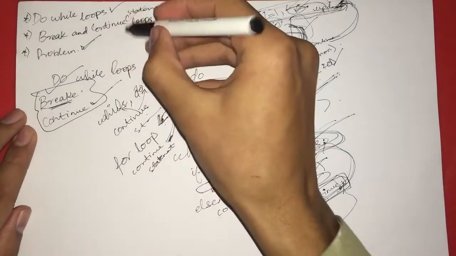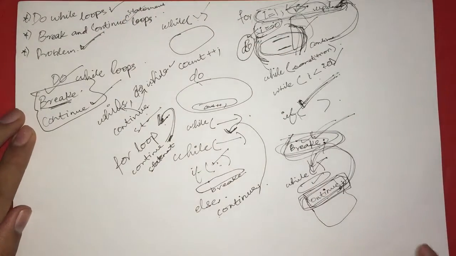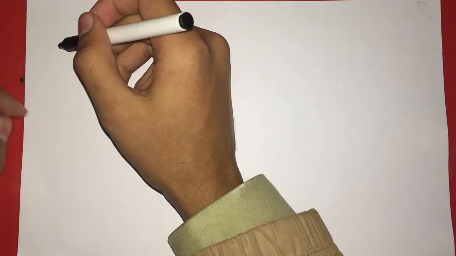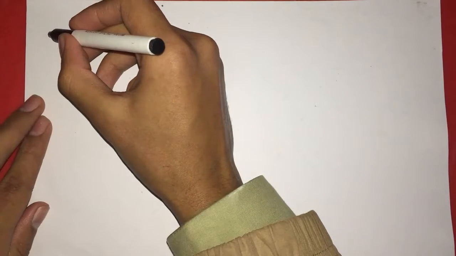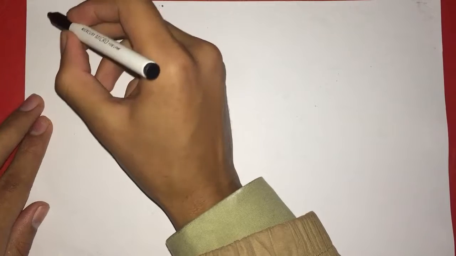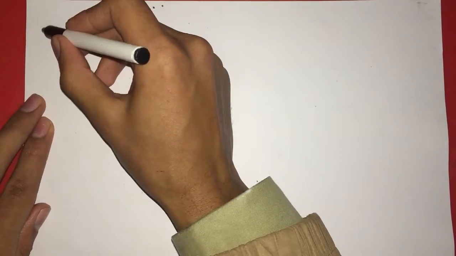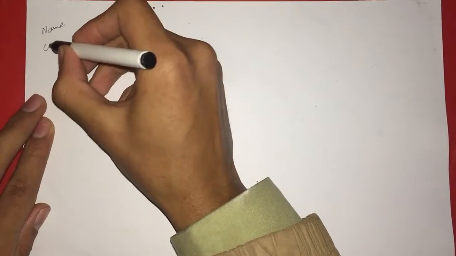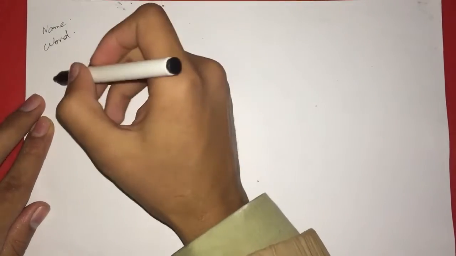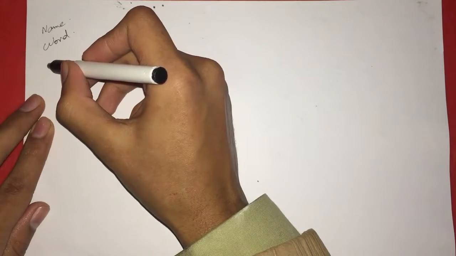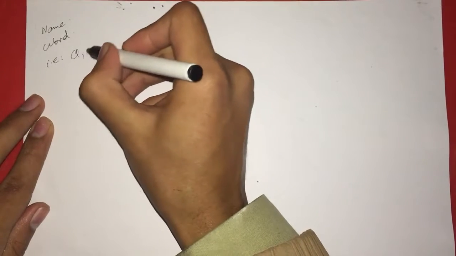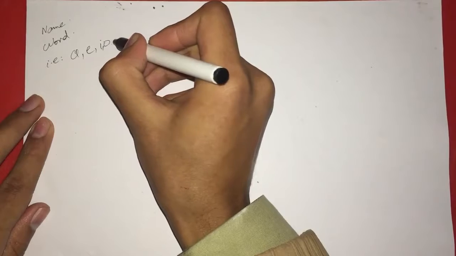Now let's discuss the problem Sir Saif gave us today. What was the problem? We had to prompt a user to input a name or any word, then output the number of vowels, i.e. a, e, i, o, u.